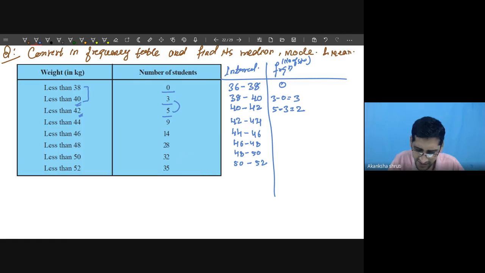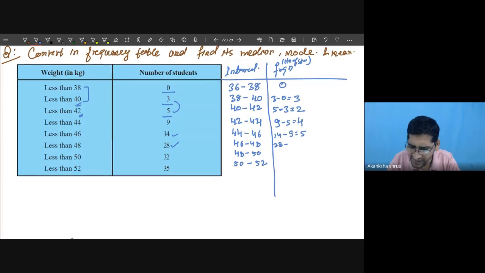The next one is 9 minus 5. This way you can write it quickly. Next one is 14 minus 9, 5. Next one is 28 minus 14, it is 14.